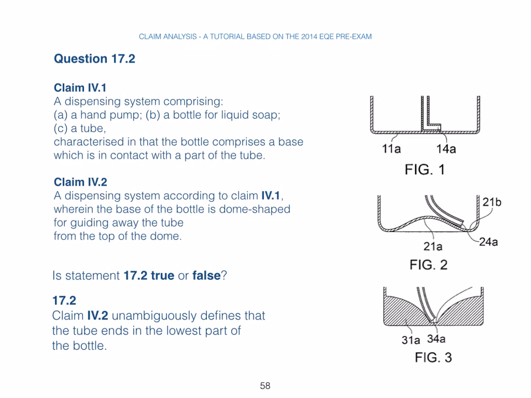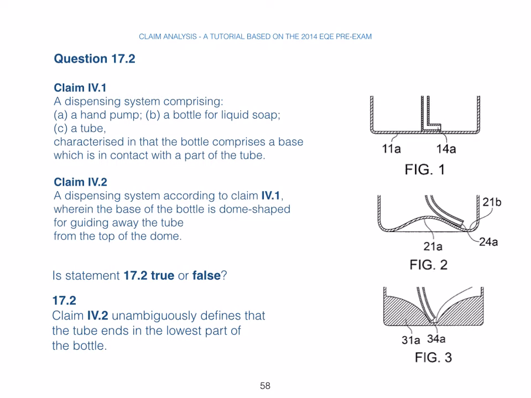The statement 17.2 concerns claim 4.2. Claim 4.2 adds the feature that the base of the bottle is dome-shaped for guiding away the tube from the top of the dome. And the question is, claim 4.2 unambiguously defines that the tube ends in the lowest part of the bottle.